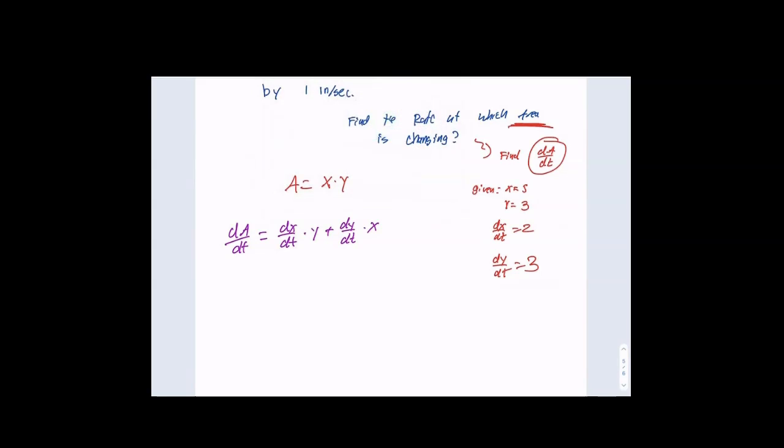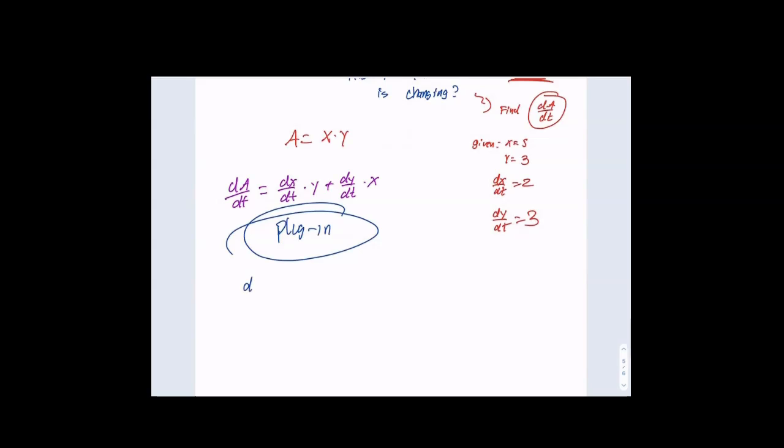This is the best part of this problem. Plug in. So dA/dt equals 2 times 3 plus 3 times 5. So dA/dt is equal to 21.